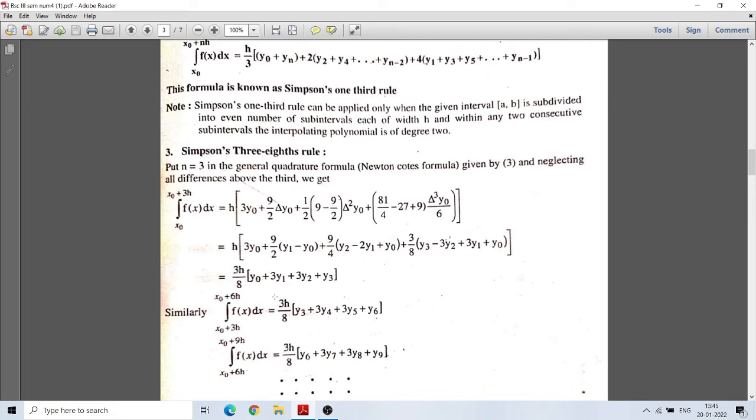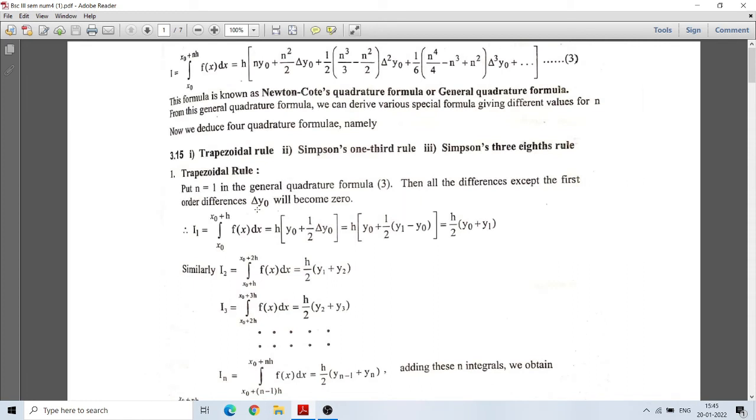Again, we substitute n equal to 6 in the quadrature formula, and neglecting the higher order terms, we consider only up to third terms. How will we get it like this? Here 3h to 6h, where n is equal to 6, means h into 6y0, 6 square by 2 delta y0, 1 by 2, 6 cube by 3, 6 square by 2 delta square y0 plus 1 by 6, 6 to the power of 4.